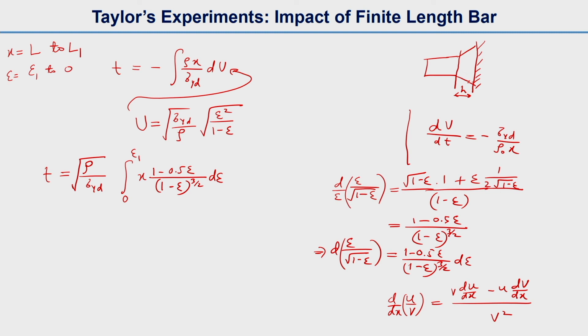This will be 0, and we have a minus sign here, so now we can take from 0 to epsilon 1, we reversed it with the minus sign.